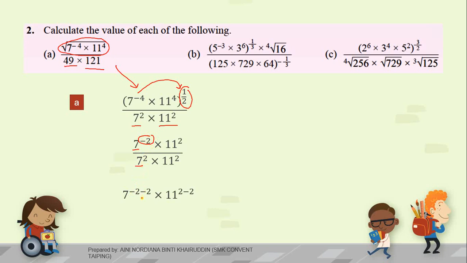So negative 2 minus negative 2, 11 to the power of 0 equals 1. So the answer, negative 2 minus 2 is negative 4. So we change to positive index form. So this is your answer.